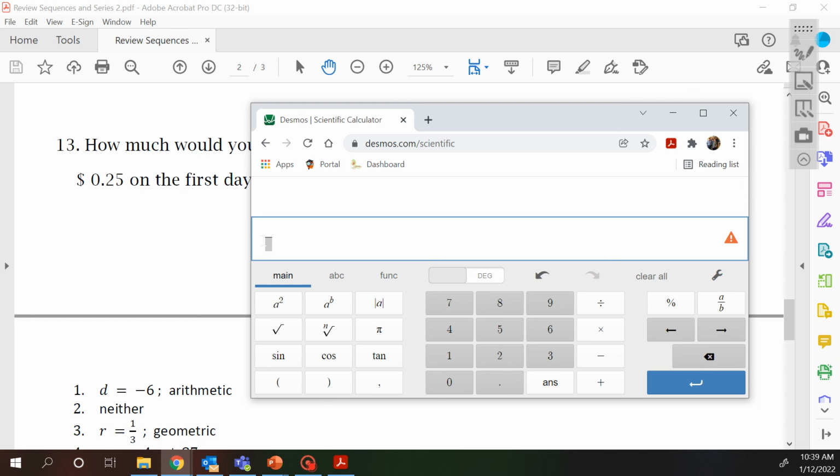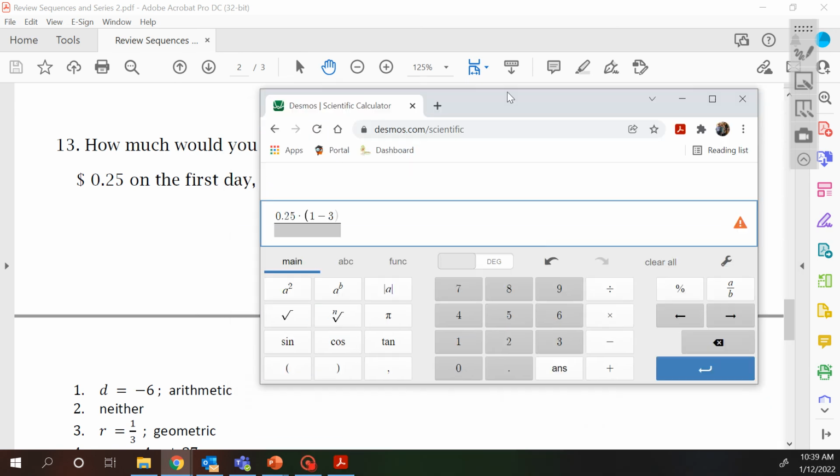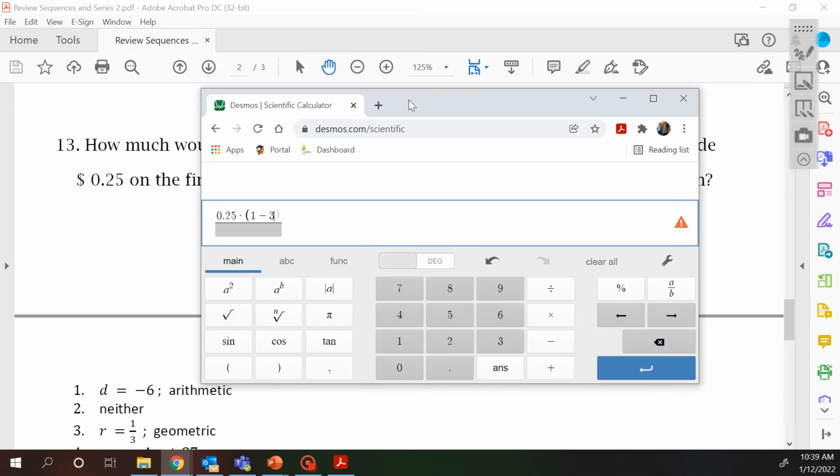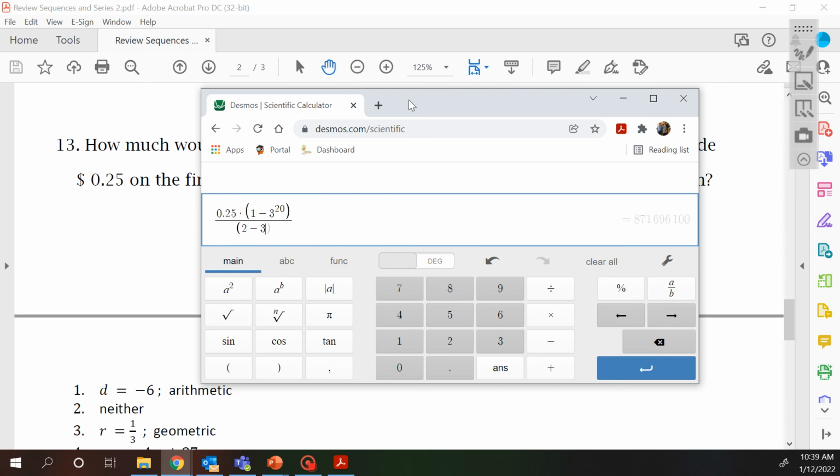So in the numerator, we have 0.25 multiplied by 1 minus the ratio, which is 3. It's being multiplied by 3 each time, right? Yeah. And that's to the 20th power. The denominator, we have 1 minus 3.